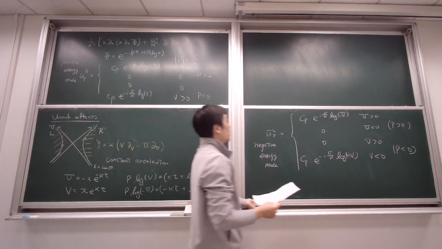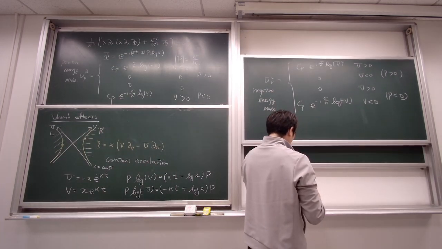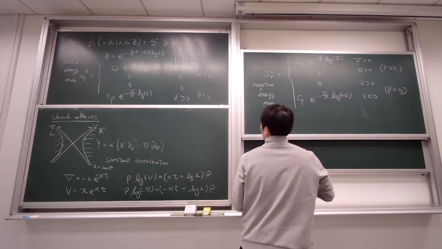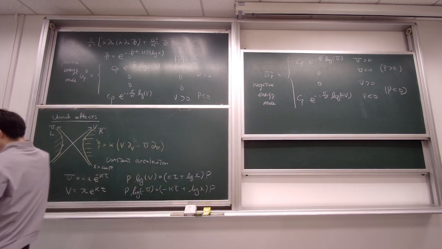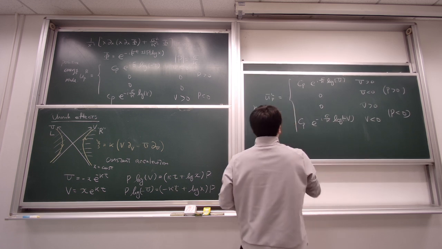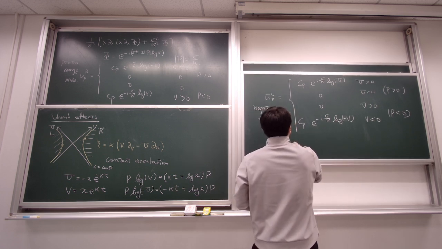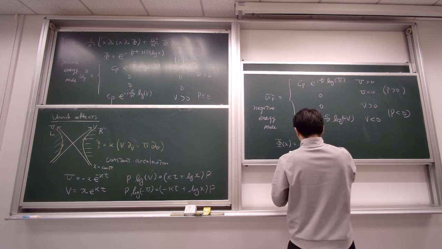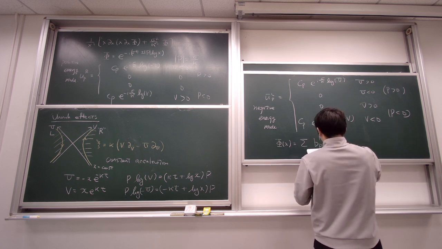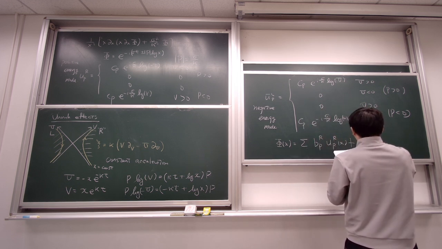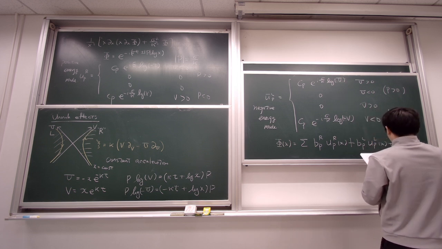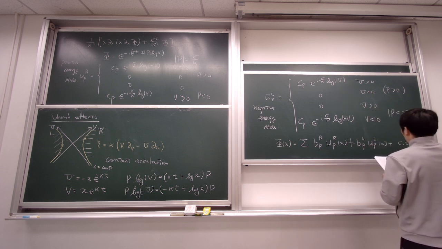And we try to construct the mode which can extend to the whole region of Minkowski space. So this mode can be written something like this way: b_pR u_pR of x plus b_pL u_pL of x plus the complex conjugate.